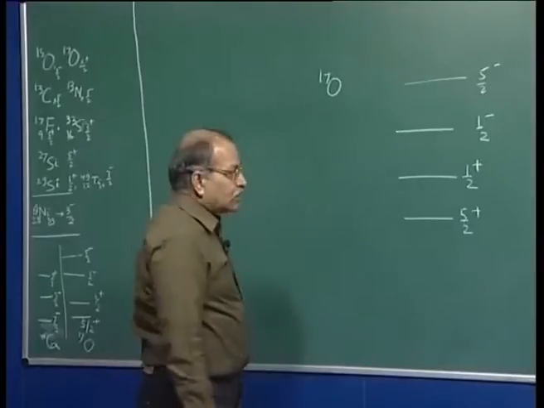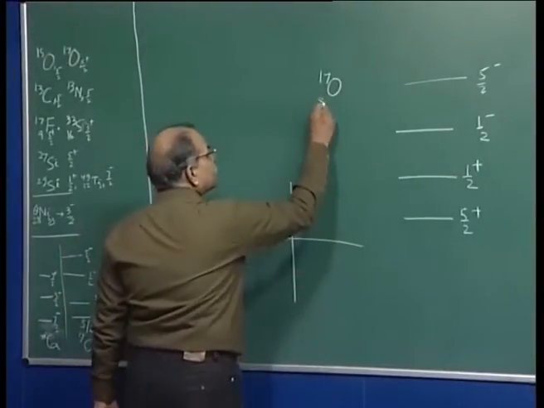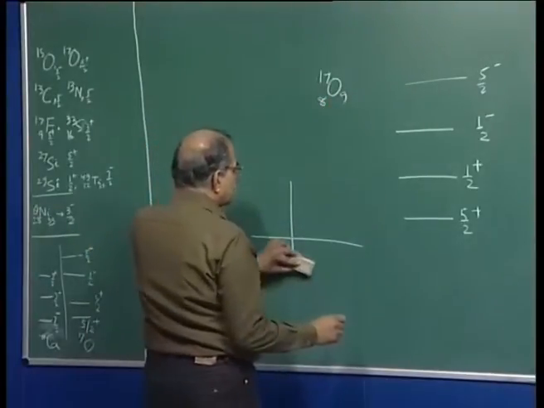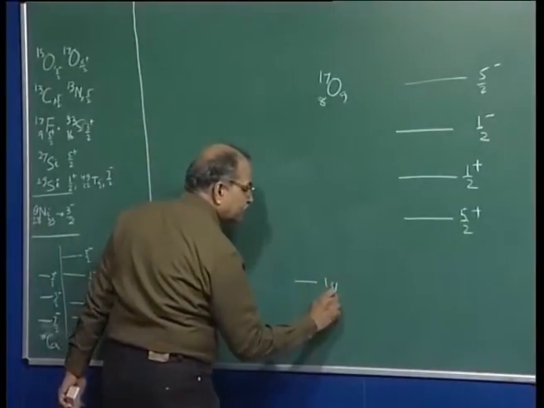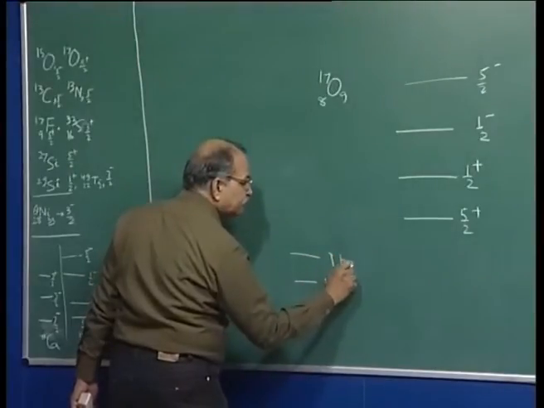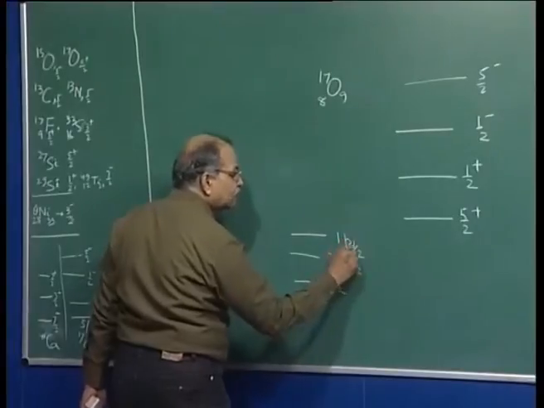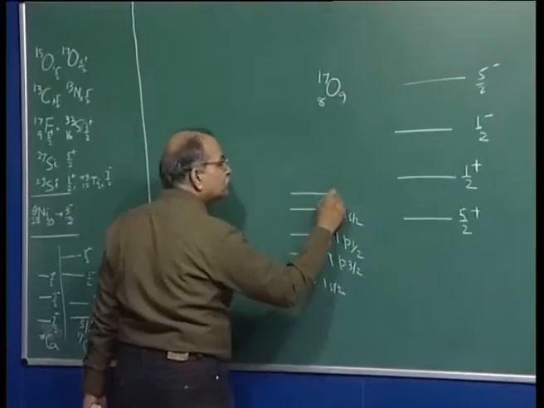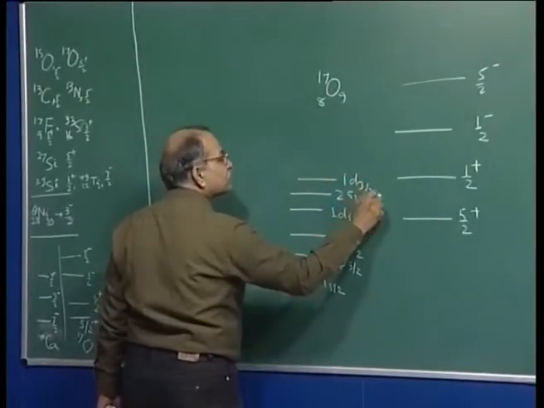Okay. Now, look at this 17O structure, you have 8 protons and 9 neutrons. So, protons will anyway form a closed shell, you have 1s 1/2, then you have 1p 3/2, 1p 1/2, what is next? 1d 5/2, 2s 1/2, 1d 3/2. Enough.